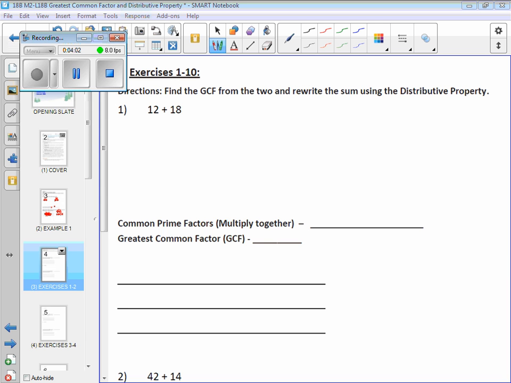All right, start off by doing factor trees for 12 and 18. Sam's going to do the factor trees for 12 and 18. How many of you got the first factor tree good? Okay, good.